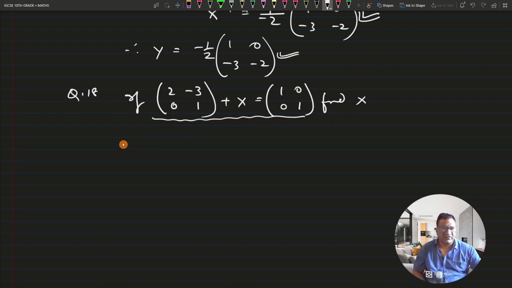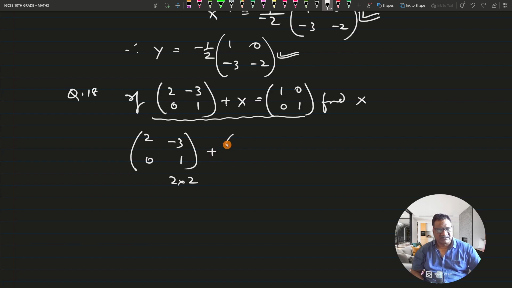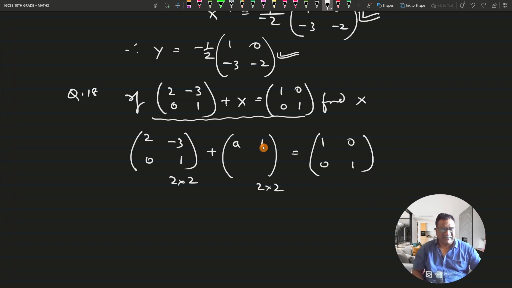If you want to find x, first of all, the matrix 2, minus 3, 0, 1 is a 2 by 2 matrix. Agreed? So if you add something to a 2 by 2 matrix and get 1, 0, 0, 1, that something has to be another 2 by 2 matrix. So let this matrix's elements be A, B, C and D.